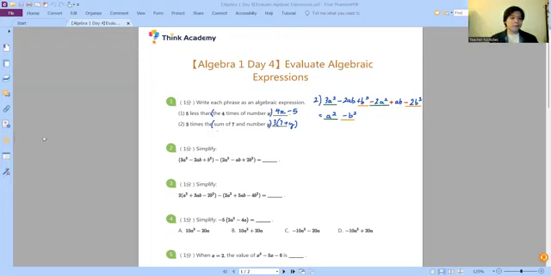And finally, I notice that I have, let me use a different color here, minus 2ab and plus ab. So once I've solved that, it's going to be minus ab.